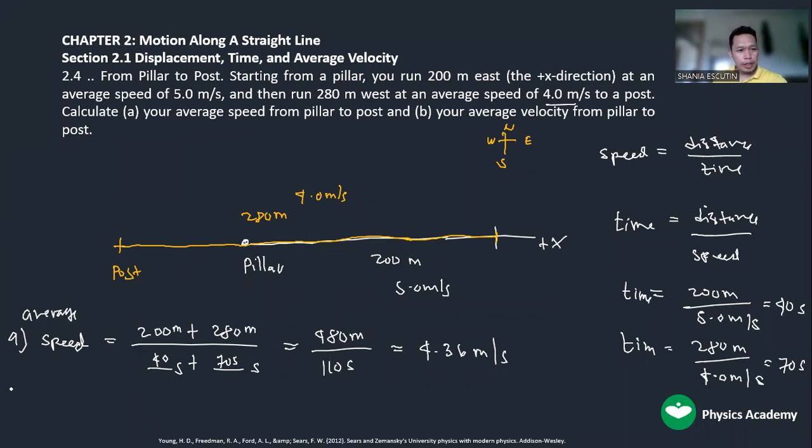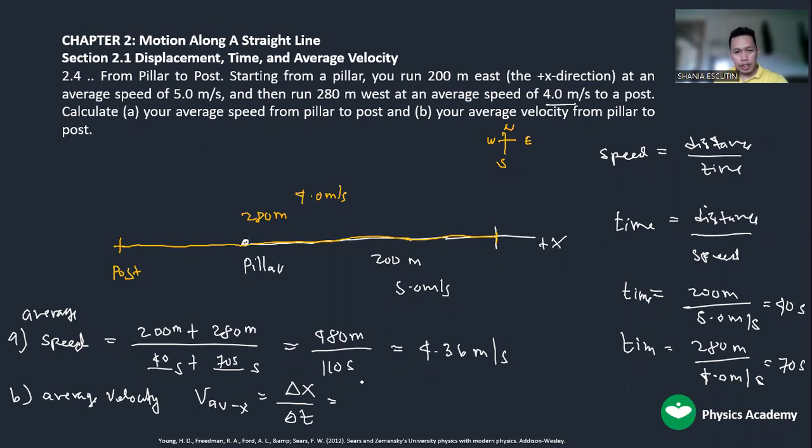However, for your average velocity, from the formula, V average is equal to the displacement over the time interval.